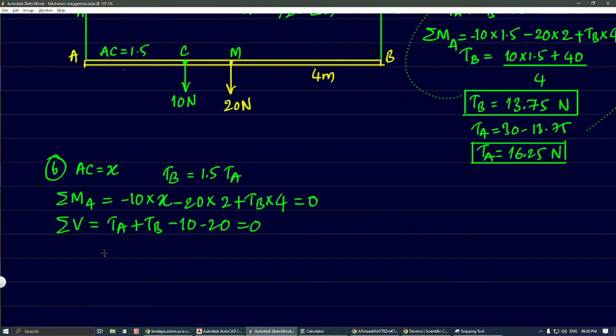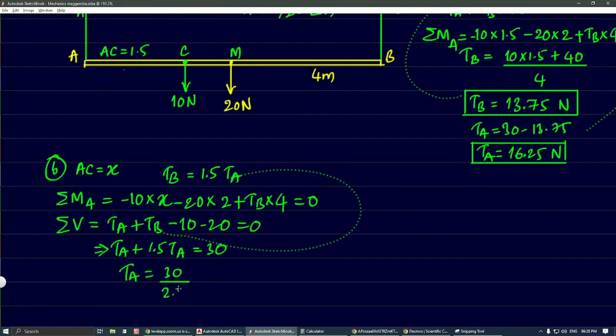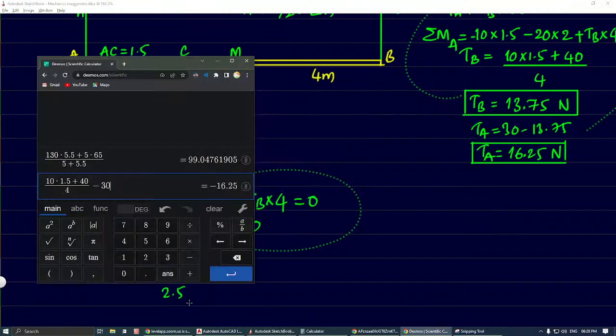Now let us substitute the value of TB given by this equation over here. So TA will remain the same. In place of TB, we have to take 1.5 TA, equals 30. So TA will be 30 divided by 1 plus 1.5, that is 2.5.